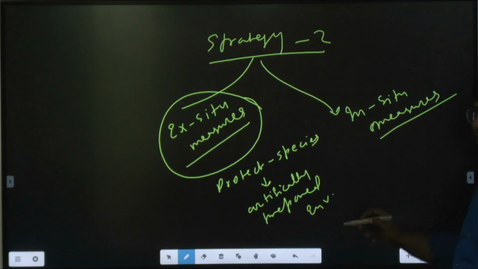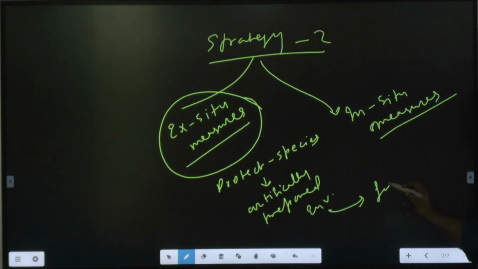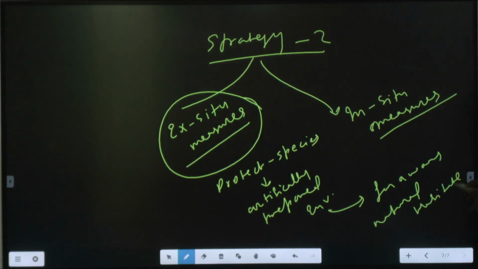And this artificially prepared environment should be far away from the natural habitat of that given species. Let's say कि there is one species tiger and the natural habitat of tiger is tropical grassland.